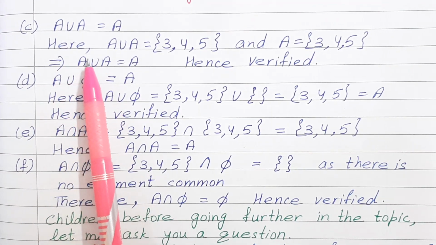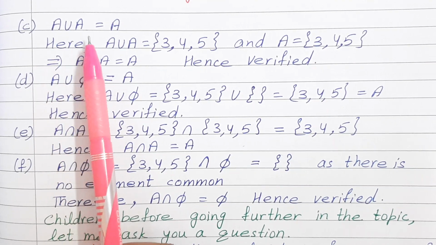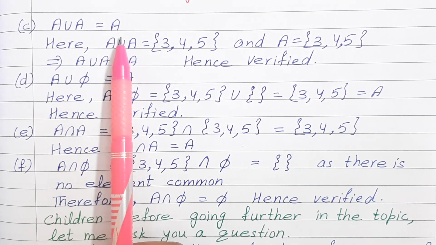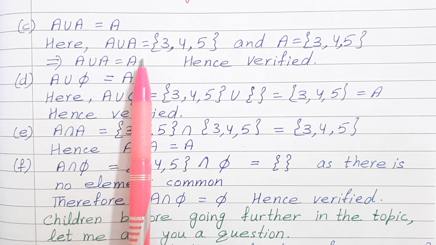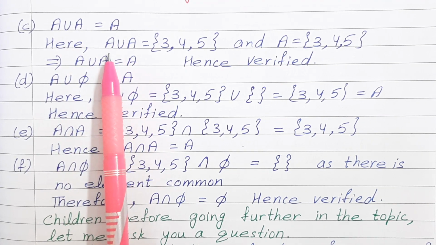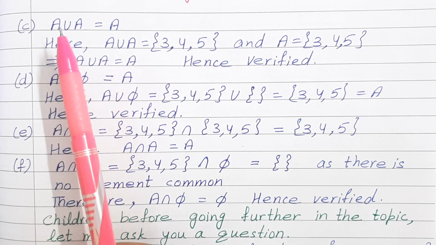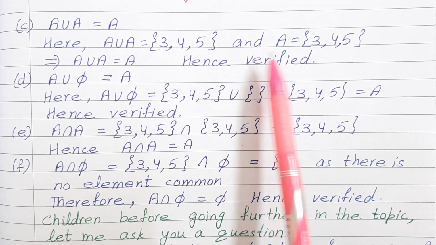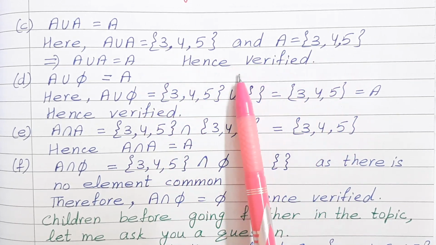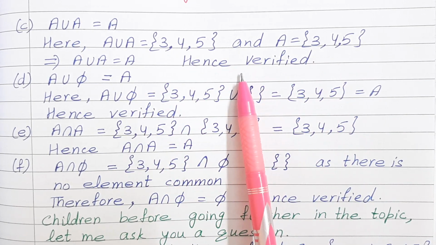Now, children, we have to prove that A union A is A. Now, what will be A union A? A union A is basically A only, right? So, if you take all the elements of A with A, it is the same, that is 3, 4, 5. And A is already 3, 4, 5. So, the two are equal, hence verified.